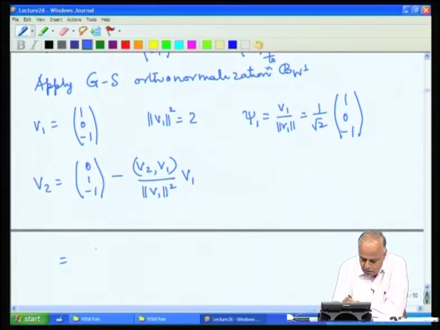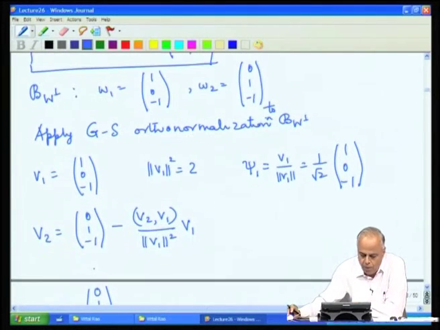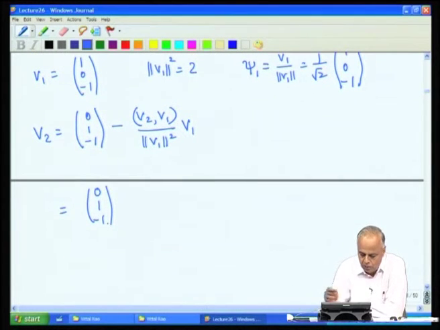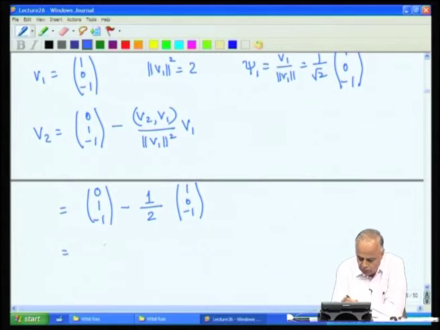What does this give us? The dot product of V 2 and V 1 is 0 times 1 plus 1 times 0 plus minus 1 into minus 1, which is plus 1. So, V 2 dot V 1 is 1, norm V 1 squared is 2, times V 1, which is 1 0 minus 1, which gives me minus half, 1 and minus half.